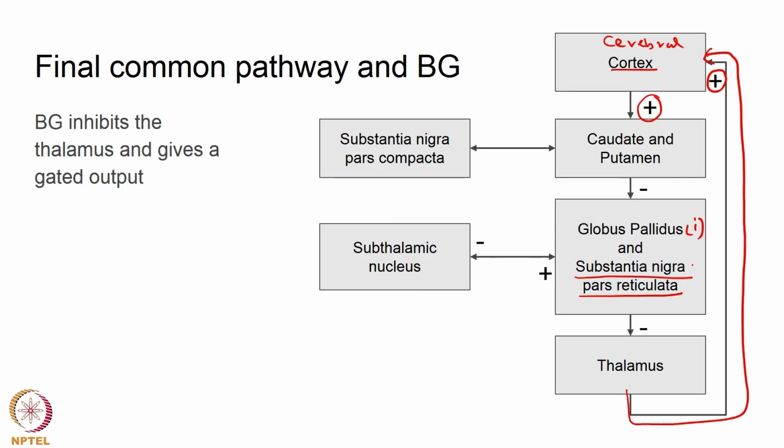They constantly inhibit the thalamocortical neurons, and when there is a need, they release some neurons from this inhibition, which appears as excitation here, and that causes movements, right. So, in this sense, it is believed that the basal ganglia acts as a gate to release movements.